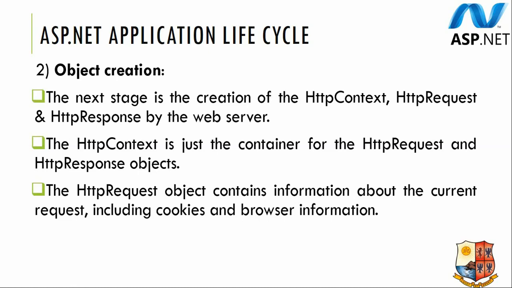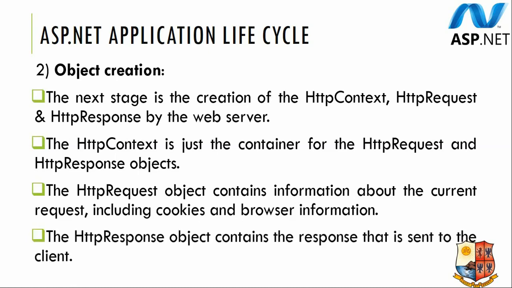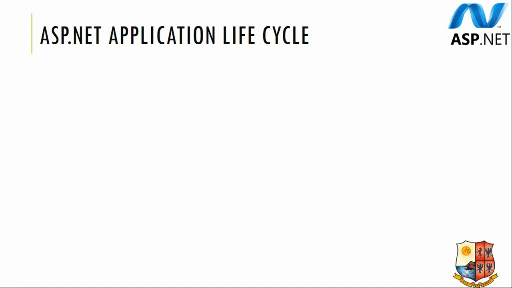If the cookie exists with that particular data, it sends all that information to the server. But for a new request, there is no cookie and no information, so it goes as a new request. If it already exists, it passes everything in that request object, including cookies and browser information. What does the response object contain? It contains the response generated from the server to the browser. We have not printed anything yet. It's just object creation, the second phase.